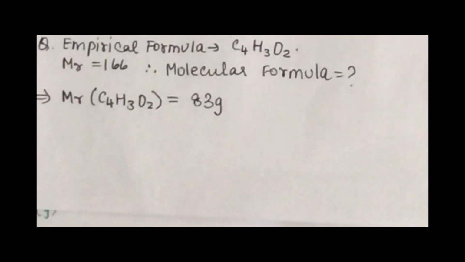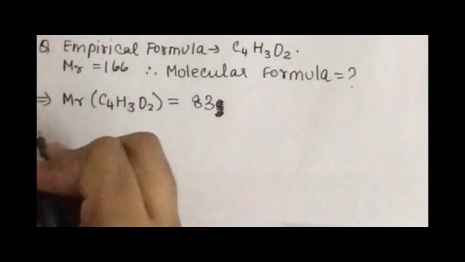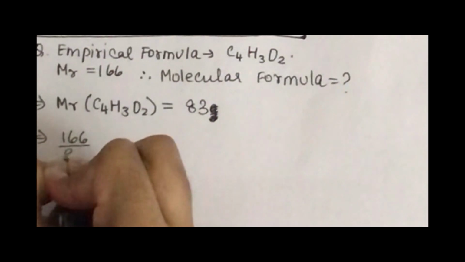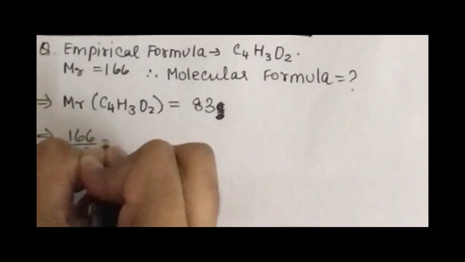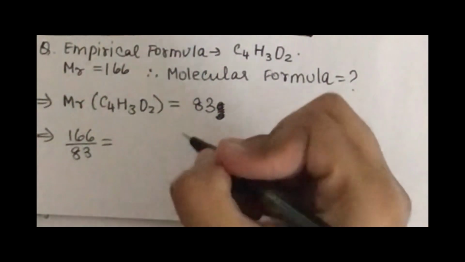Now our compound of the molecular formula has MR of 166. So we'll divide 166 by 83. This will give us 2 empirical units.